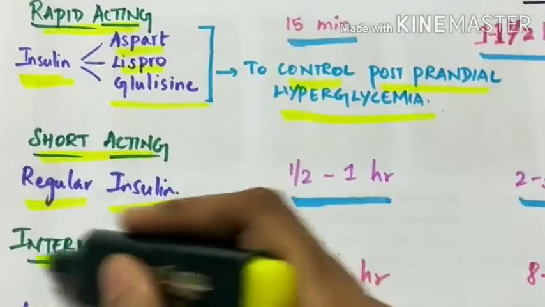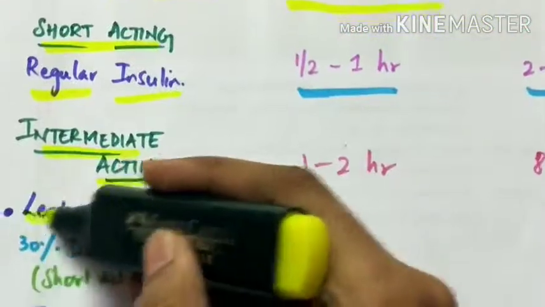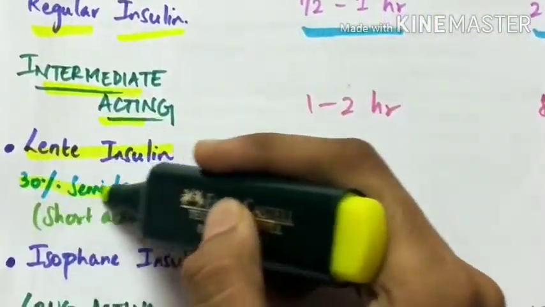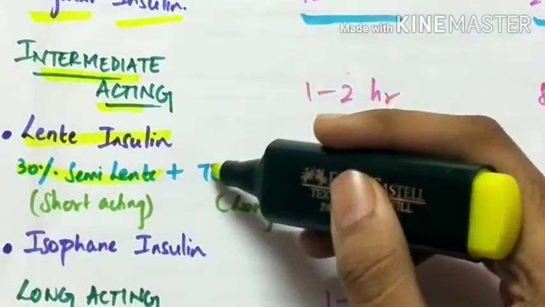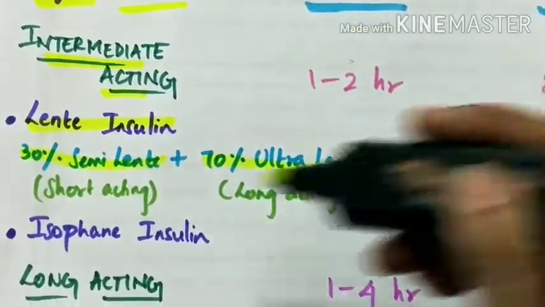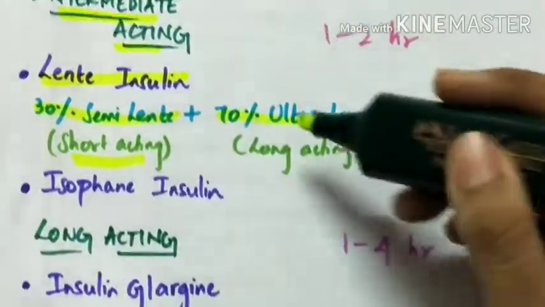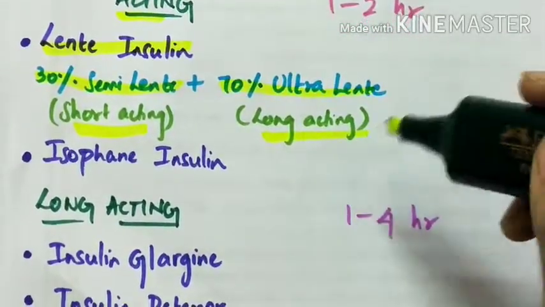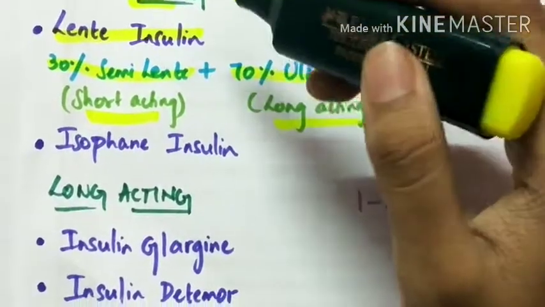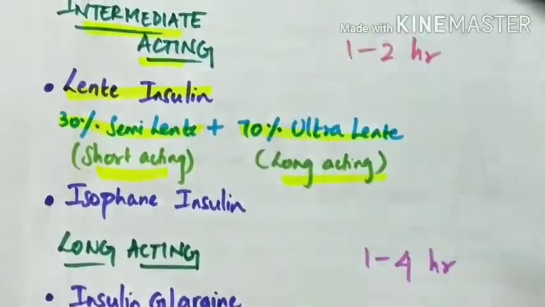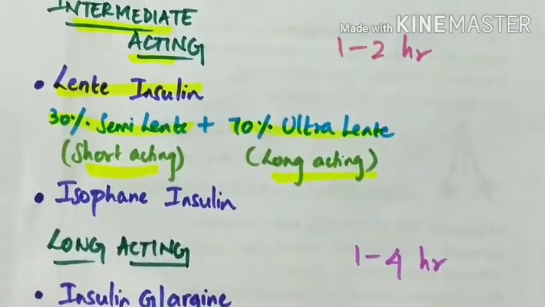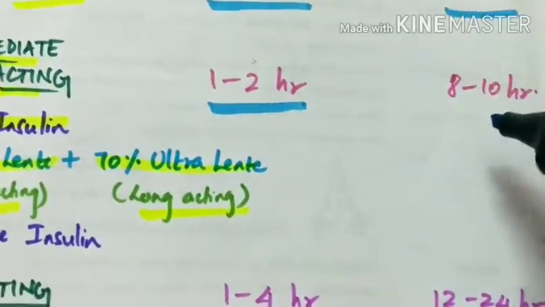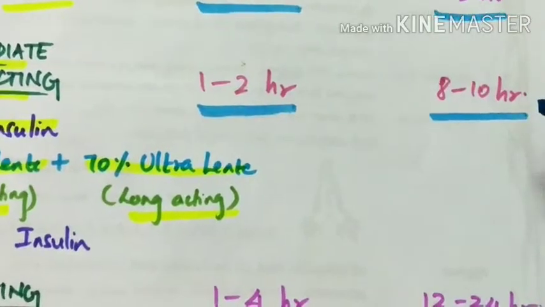Intermediate acting insulin. For this, lente insulin is used, which is made up of 30% semi-lente and 70% ultra-lente. The semi-lente is short acting and the ultra-lente is long acting. So this is combined, which gives us intermediate acting property. So the intermediate acting insulin, the onset is 1 to 2 hours and it peaks at 8 to 10 hours.